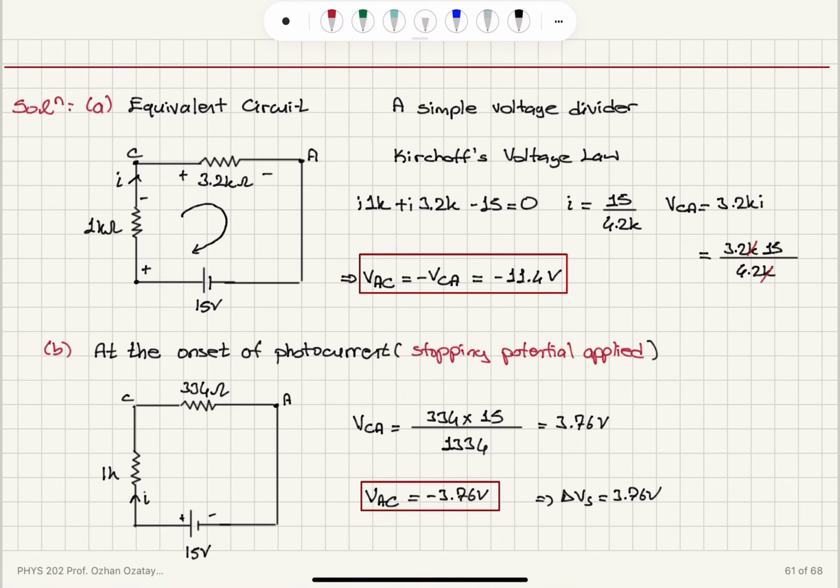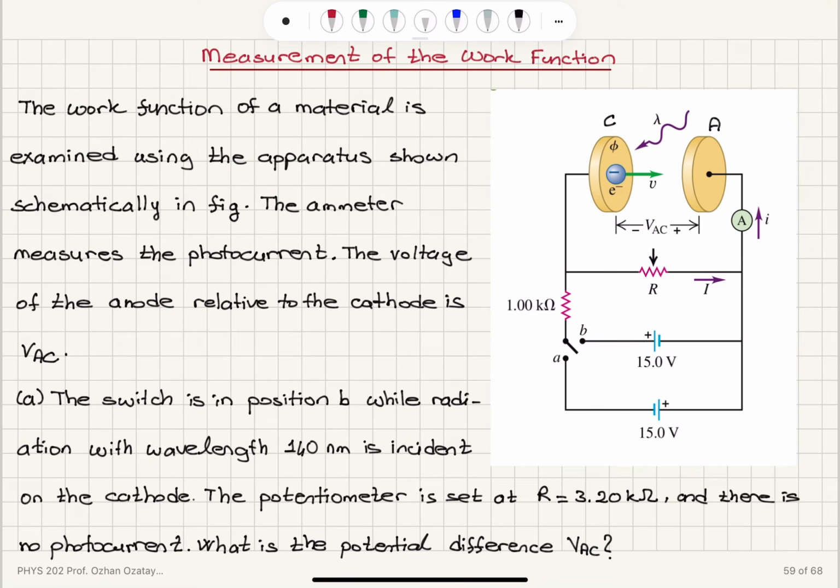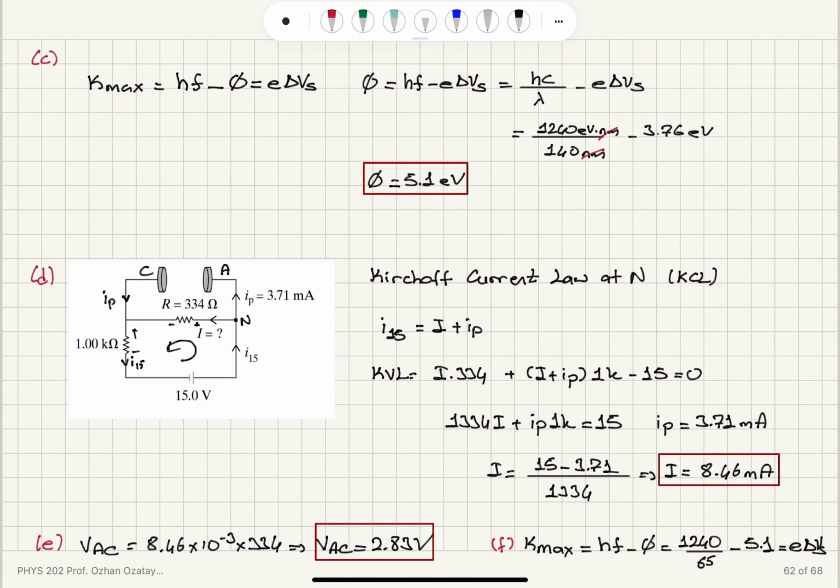What is the current I? In this case, current I is the current that flows in the resistance potentiometer branch. If you take this current I to flow in this direction, then we can use Kirchhoff's Current Law at this node, which tells us that this photocurrent plus the current I is equal to I15, the current provided by the voltage source.